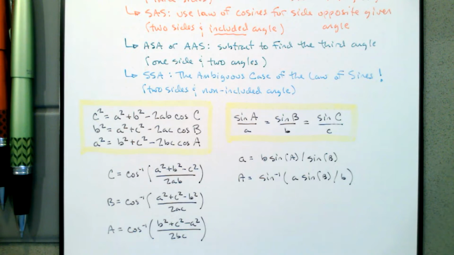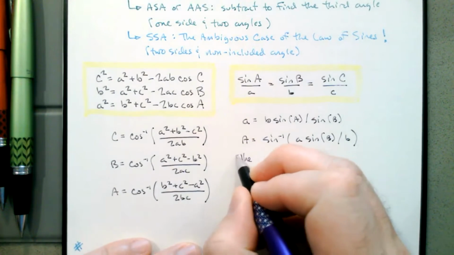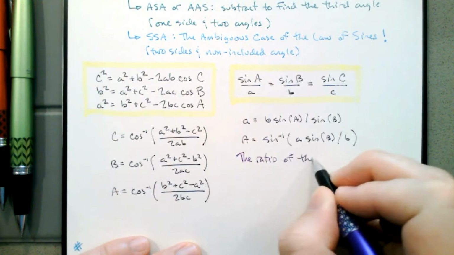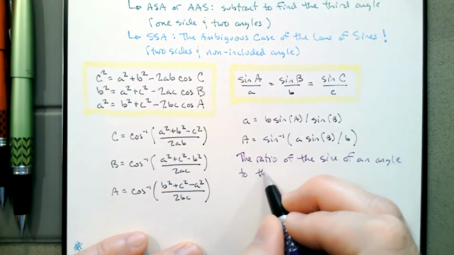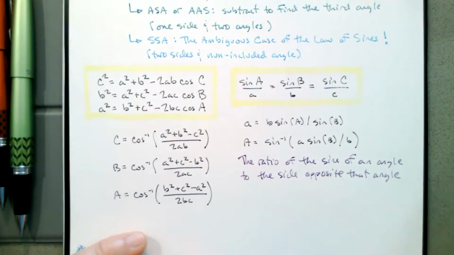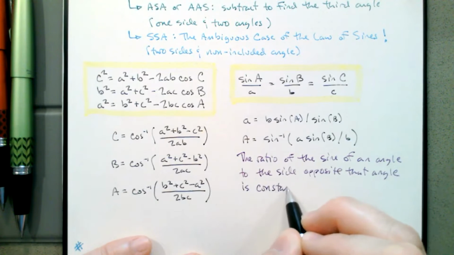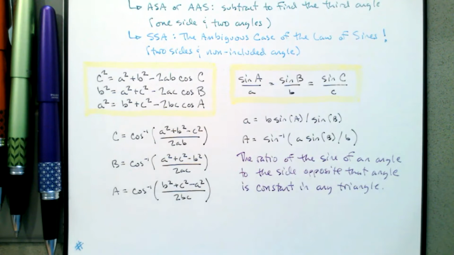Or, with an algebraic abbreviation, sine alpha over A is sine beta over B equals sine gamma over C. But if we want to say it in words, and we have an unnamed triangle, the ratio of the sine of an angle to the side opposite that angle is constant in any triangle.